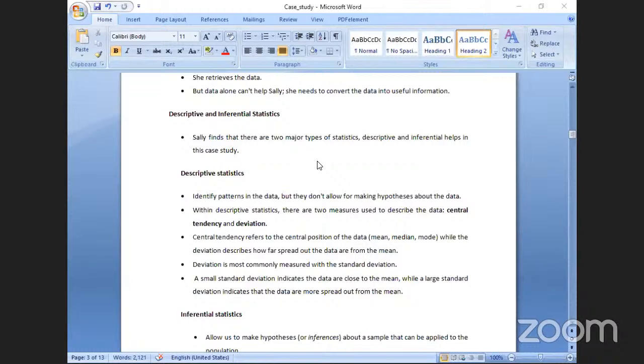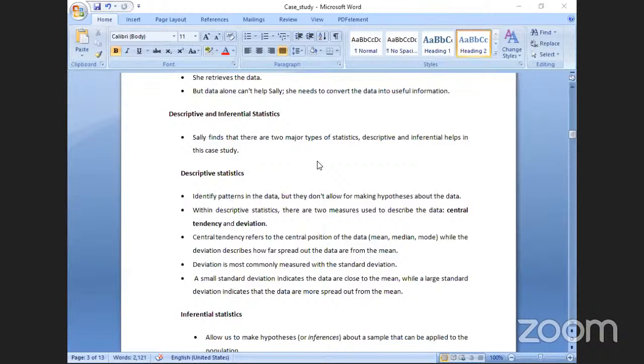For central tendency, you can refer to the central position of the data, like you can get the mean, median, mode. I hope you're aware of these familiar terminologies in statistics. If not, I'll brief on getting into that.